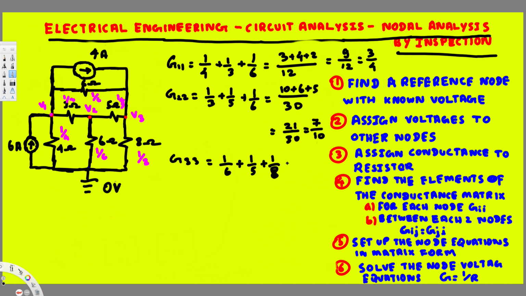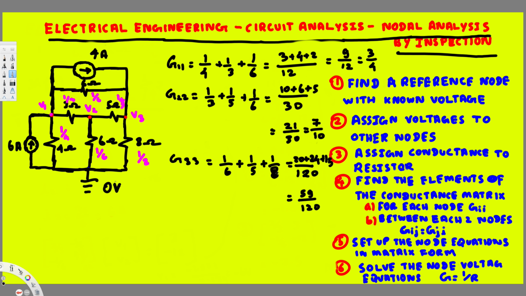So 120 can be the common denominator right here. If I take 120 as the common denominator, this is going to be 20, this is going to be 24, and this is going to be 15. If you add them together, you should get 59 over 120.